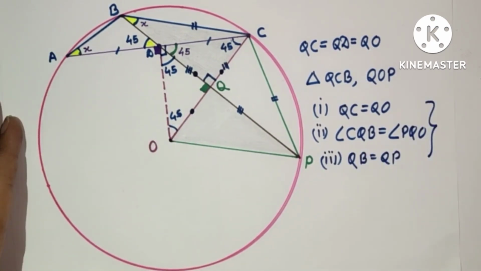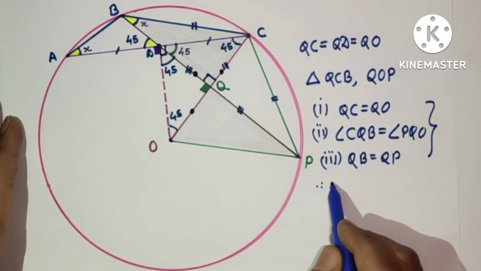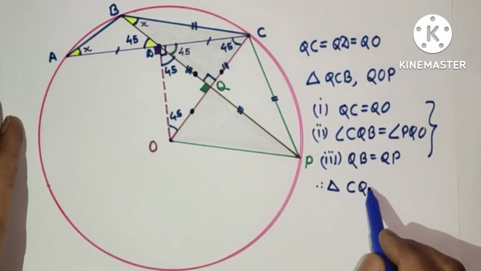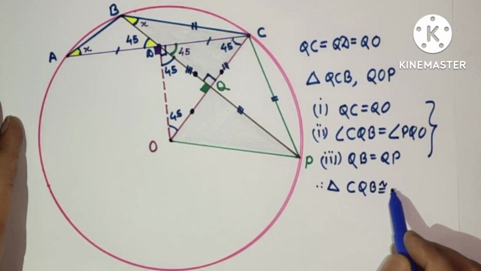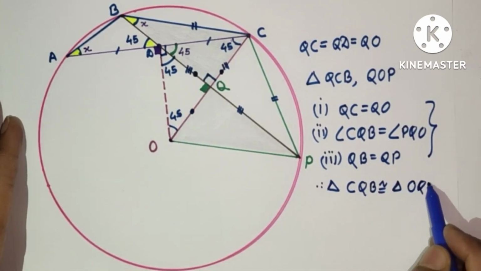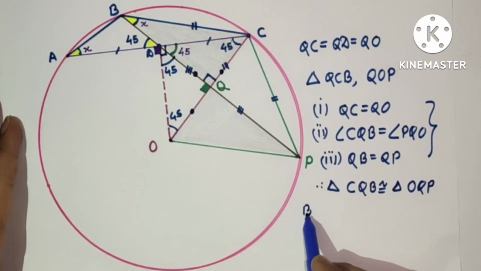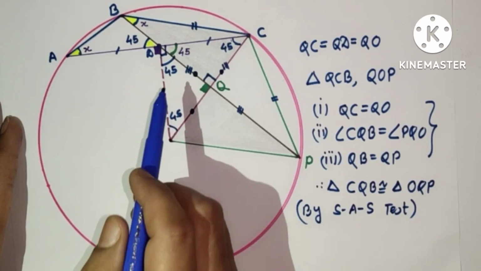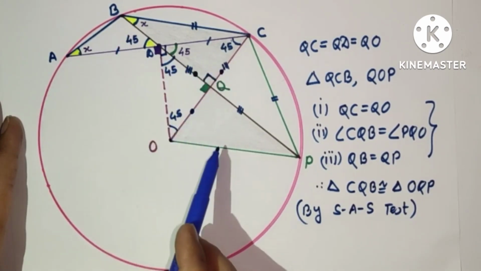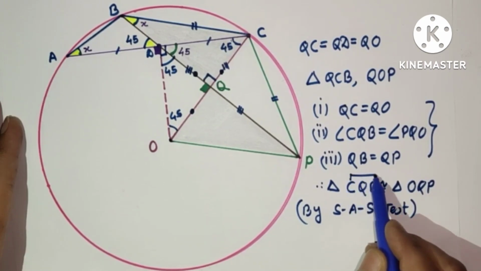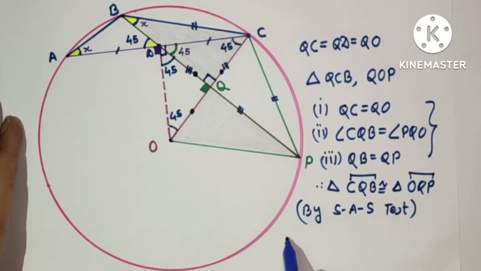These three pieces of information we have. So therefore triangle CQB is congruent to triangle OQP by the SAS test of congruency. After proving that these two triangles are congruent, we can say that BC is equal to OP.